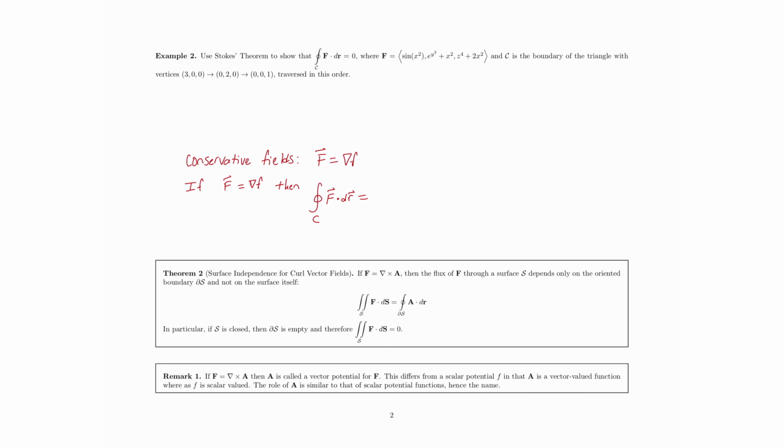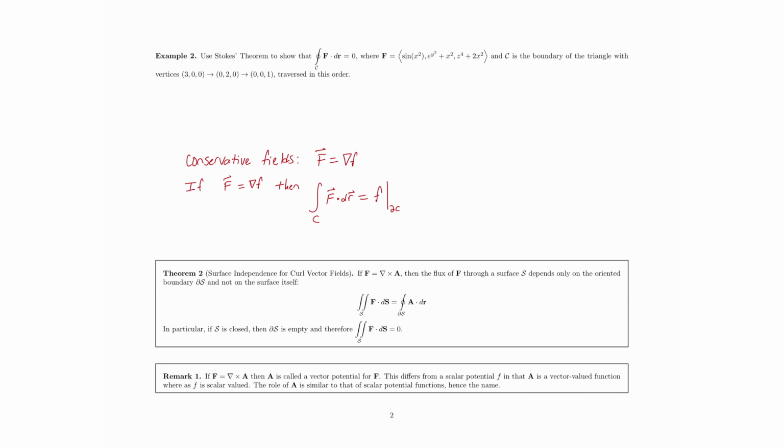It only depends on the endpoints of the path. So in a way, this right here is the next dimension higher version of the fundamental theorem for conservative vector fields. This tells us that this integral over C, let me go back a second here.